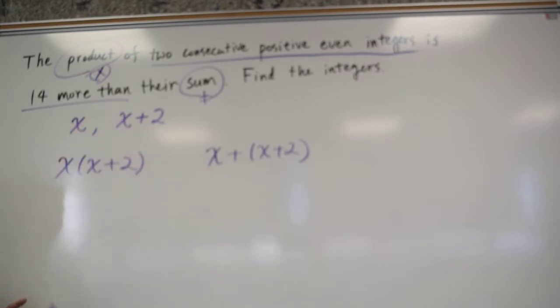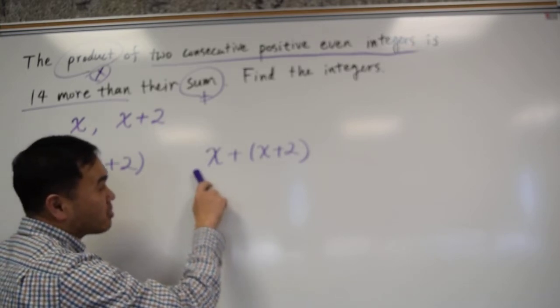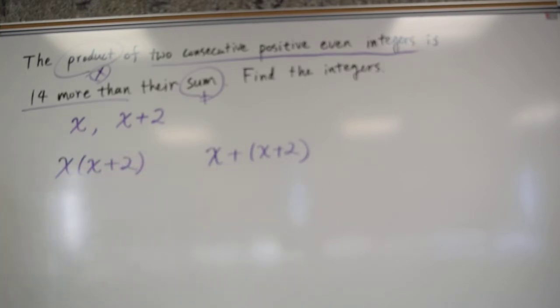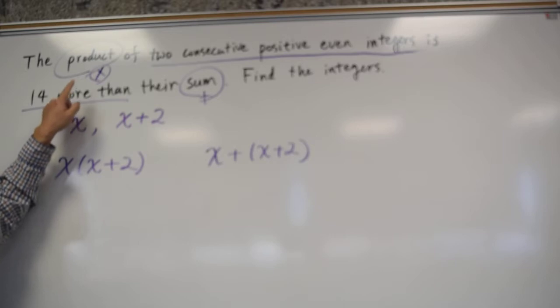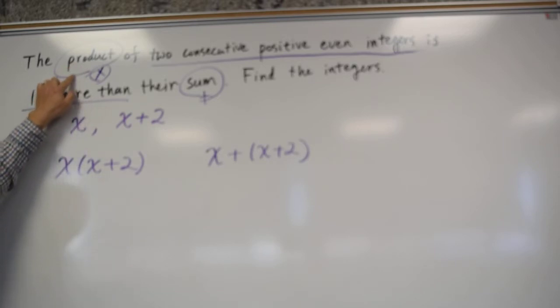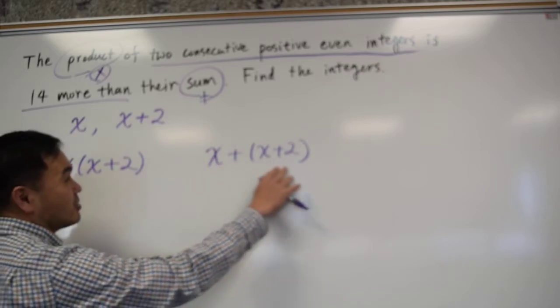Read the question again and tell me if this question is saying that the product is bigger or the sum is bigger. Which one's bigger? The product is bigger because product is 14 more, right? So this is bigger than this.